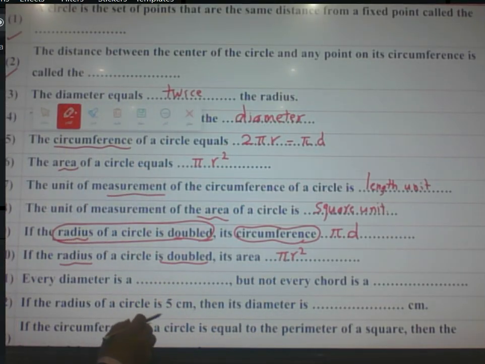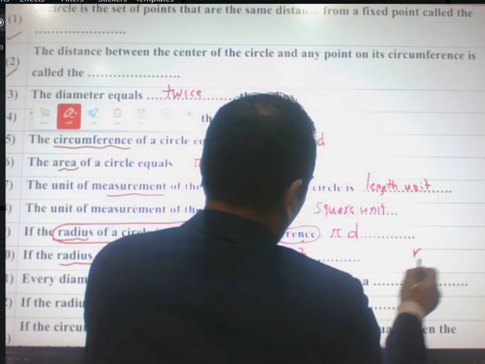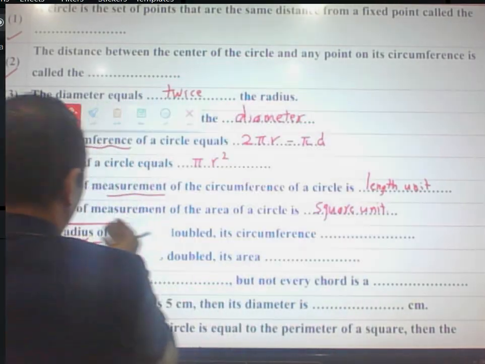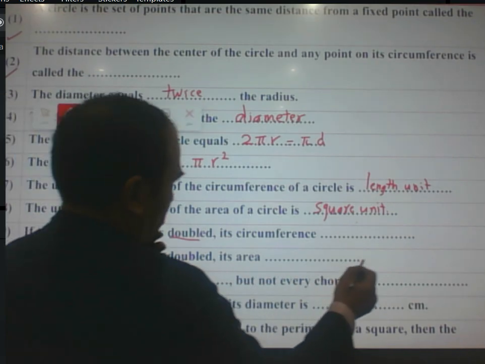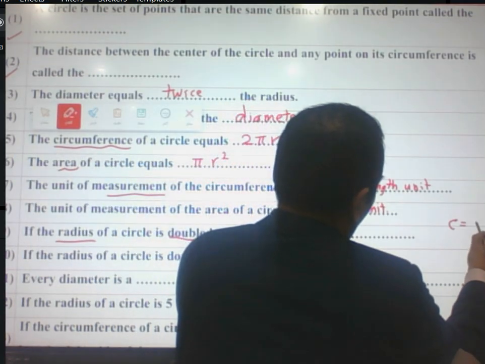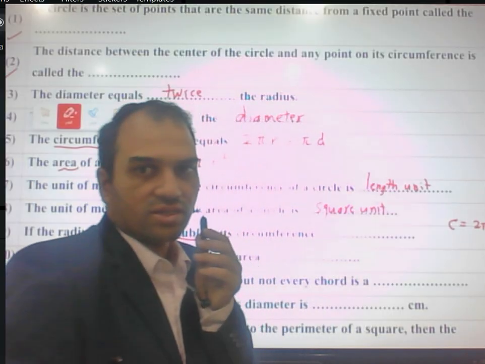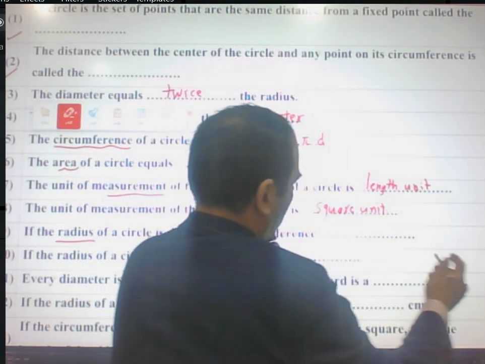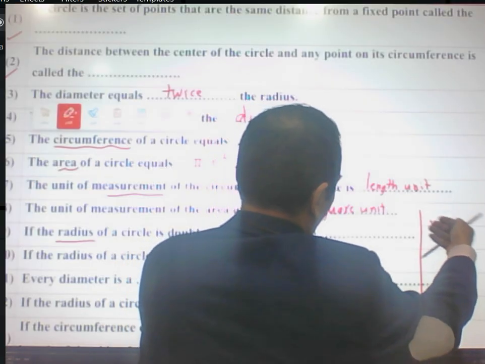Okay, I will explain this example again. He asked about the radius being doubled. We know the circumference of the circle equals 2πr. What's the meaning of radius doubled? It means the radius converts to twice, like this: radius number 2 equals twice radius 1.